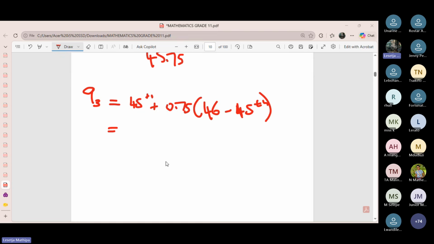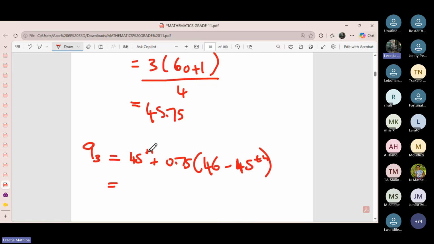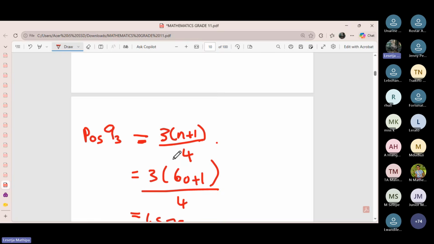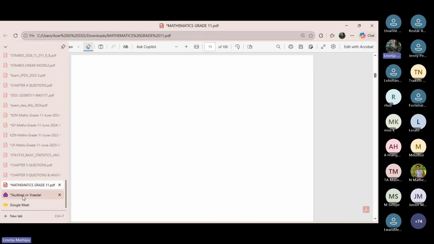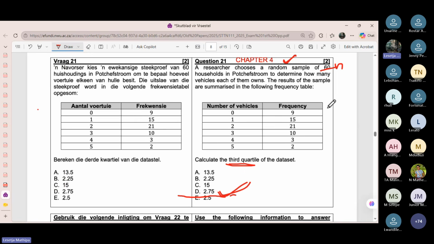Okay? So let's see. With the method she sent in the group, after finding the position, which is 45.75, this is what she did. I'm gonna write it here. On her side, she calculated the cumulative frequency.